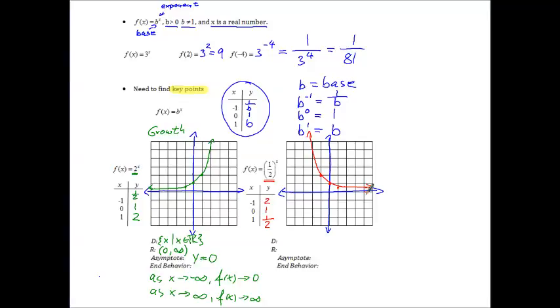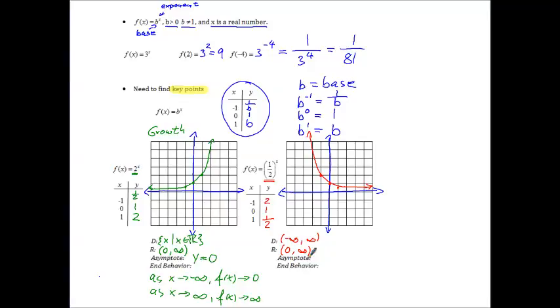So that means our domain goes from, and now I'm going to do it in interval notation, negative infinity to infinity. And our range again will not include 0, but start right after that, and will go to positive infinity.